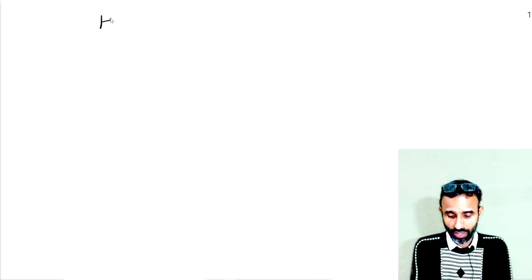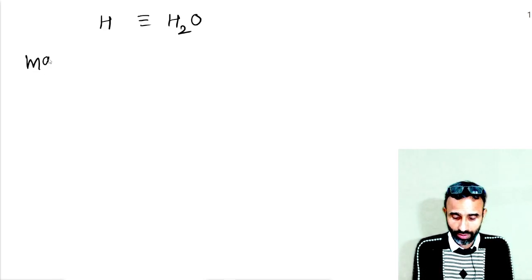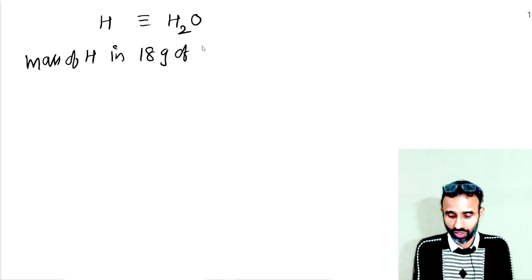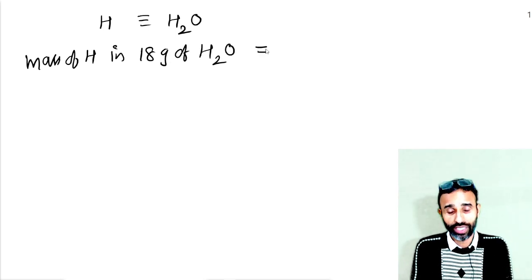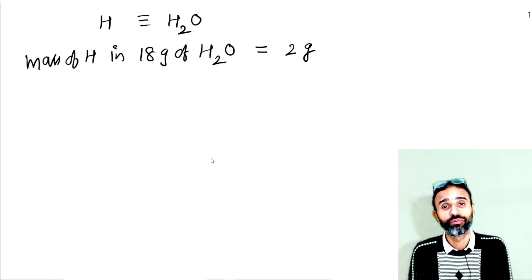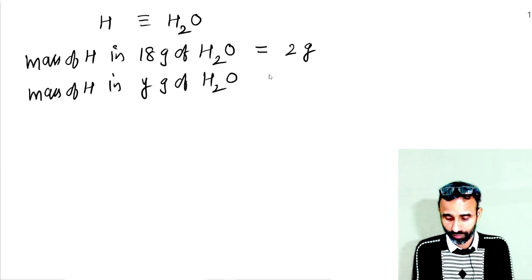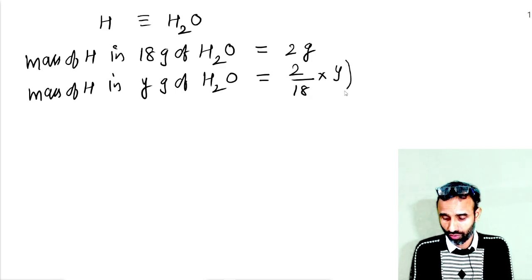Now hydrogen. You know hydrogen is estimated in the form of H2O. So again, the molecular mass of H2O is 18, and the mass of hydrogen in 18 gram of H2O is 2 gram. So the mass of hydrogen in y gram of H2O is 2 by 18 into y.